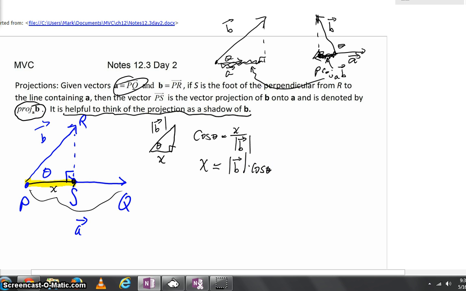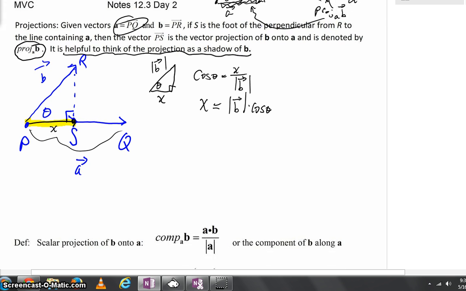Now at this point you might be wondering, okay, so what's the point in all of this? Why are we finding this length x? Here's what I'd want us to recall from our last lesson. Vector A dotted with vector B was equal to the magnitude of vector A times the magnitude of vector B times the cosine of theta.